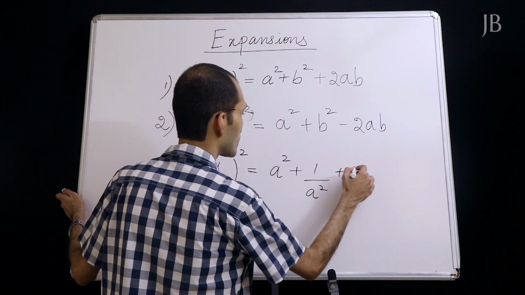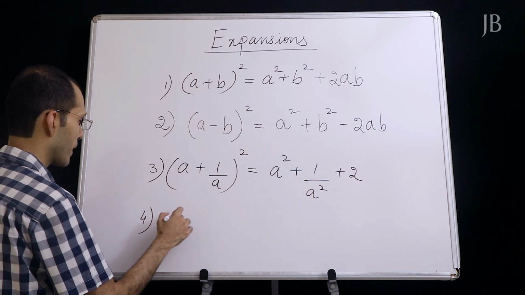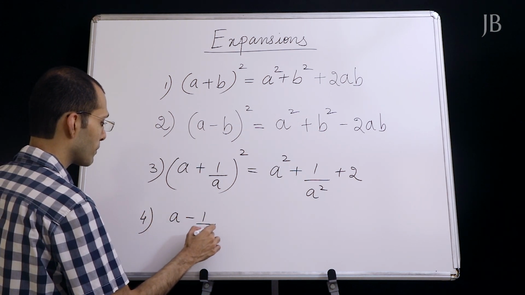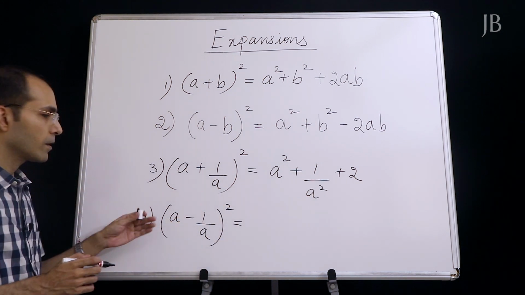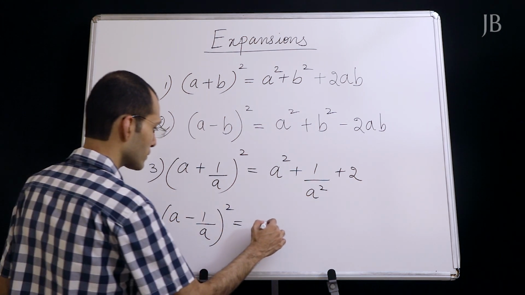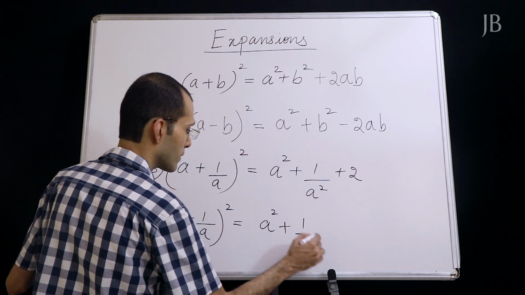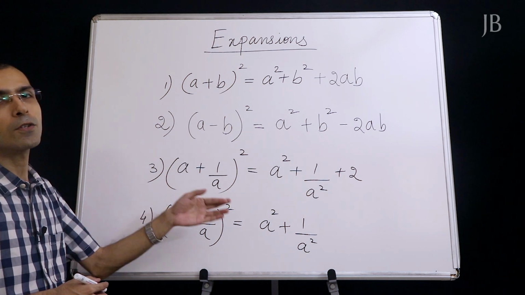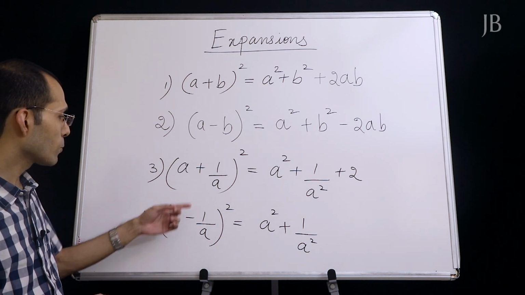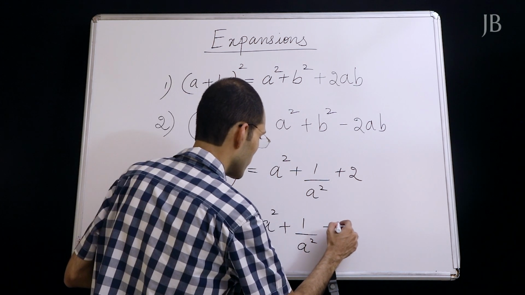So it is plus 2. Fourth one, (a - 1/a) the whole square. You square first term, square second term, then first term into second term into 2. So a into 1/a into 2. So that is minus 2.